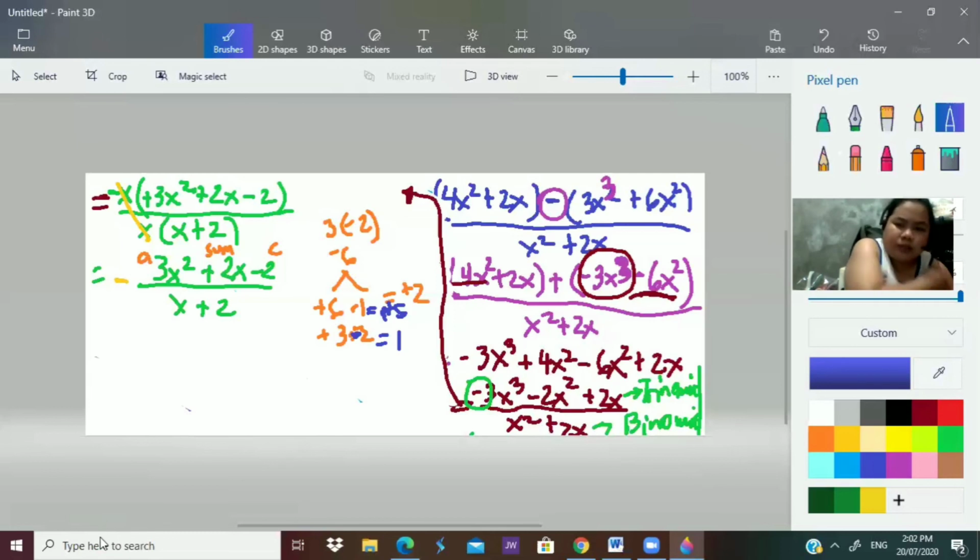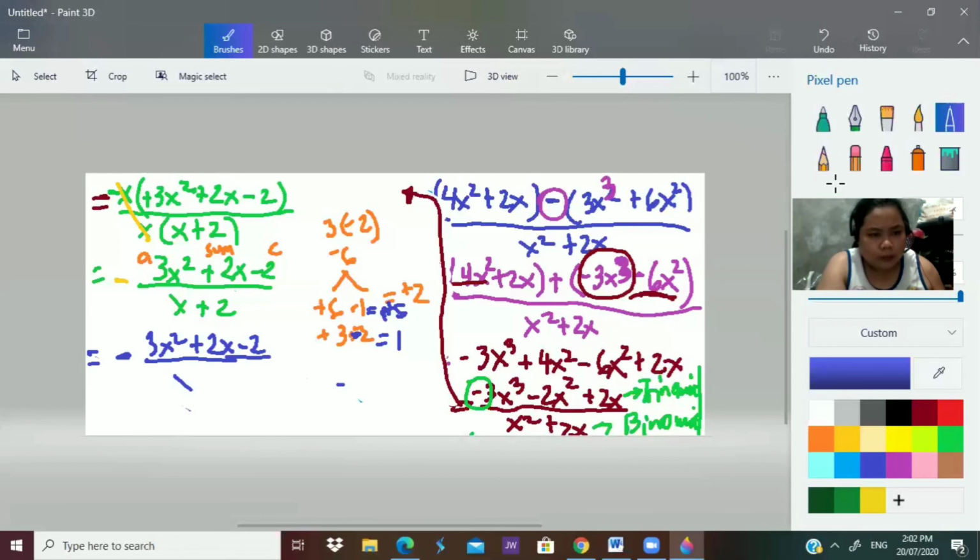So yun lang ang range ng values natin. 1 at saka 5 lang ang pwede. So therefore, kung wala kang makuhang factor na ang sum ay positive 2, ibig sabihin hindi siya factorable. So kung hindi ito factorable at ito ay hindi rin, ibig sabihin the two expressions here are relatively prime. So therefore, this is our final answer already. So negative 3x squared plus 2x minus 2 all over x plus 2.